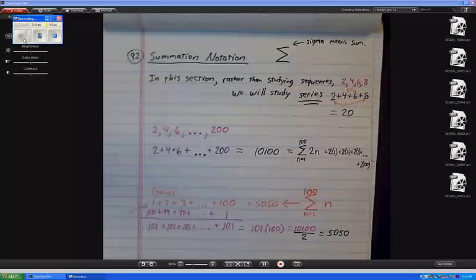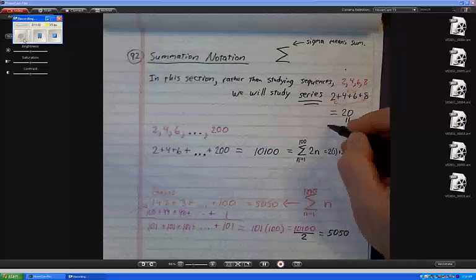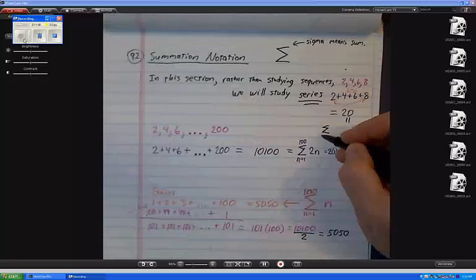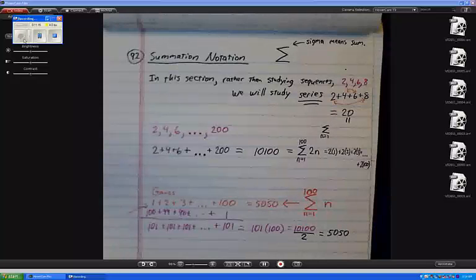If I wanted to rewrite the example Mitch gave us, okay, how could I do it? Well, I could say that this is the same as the sum. I wouldn't go n equals 1 to 100. I would go n equals 1 to what? No, not 20. 20 was the actual sum of the whole thing.